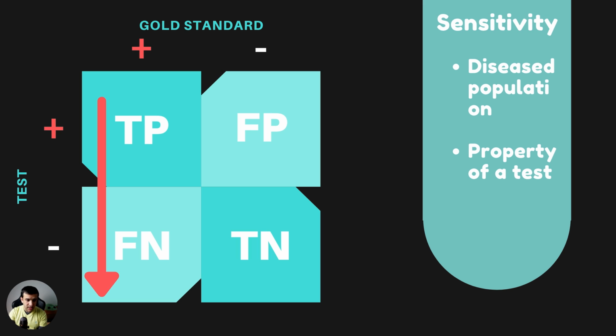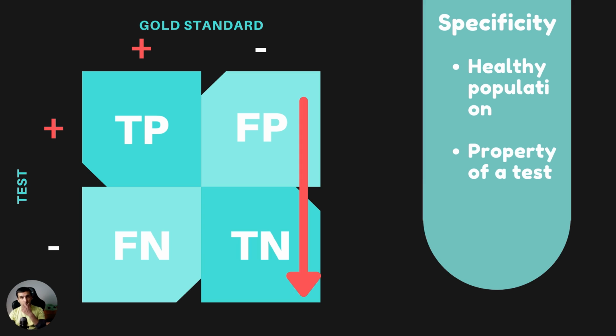No matter what the test says, when we say diseased population, we mean whoever is positive by the gold standard. We do not doubt the gold standard. For example, if it's cancer we're talking about and the biopsy is positive and they have cancer, so true positive and false negative, these two are the population, because they are the diseased population. And this is a property of a test, meaning it does not change depending on which population you apply the test to. It's a property of the test. It'll always remain the same.